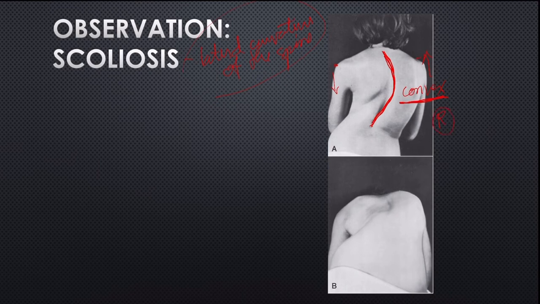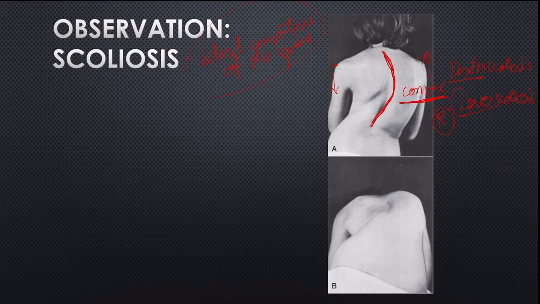We can call this your right-sided scoliosis or your dextroscoliosis. If it's on the left side, we call that your levoscoliosis. Right-sided is dextro, left-sided is levo, so you won't get confused.